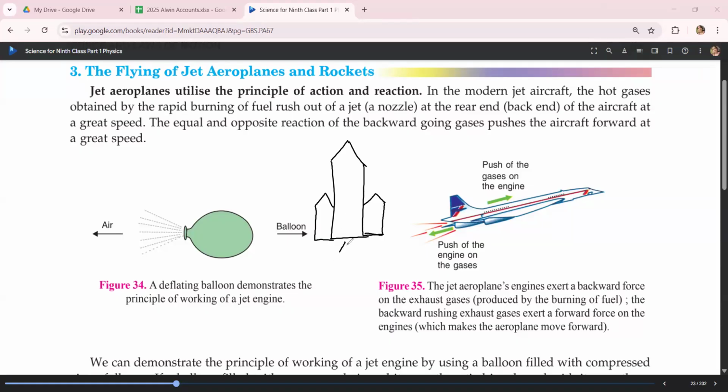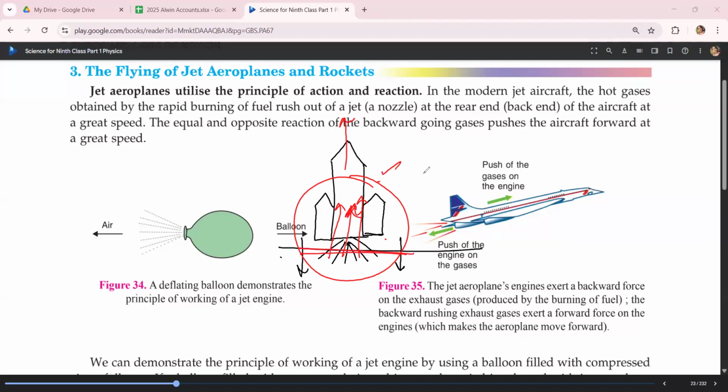Here the gases are coming out in high volumes, pushing the ground backwards. The earth in response pushes it forward. So now this is an additional support to the fuel. The fuel is burning and taking it forward along with this reaction coming from the earth. Understood or not, beta?